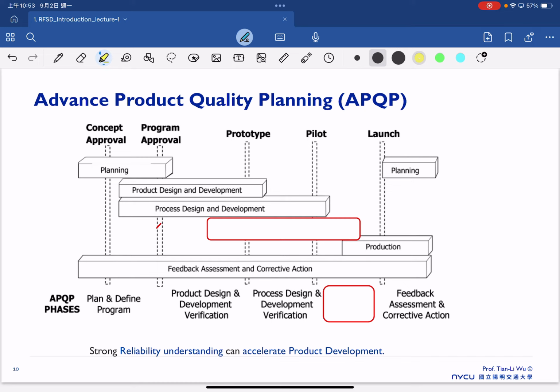Okay, so let's go back. This is another example of how industry people plan their quality or reliability testing. It's called Advanced Product Quality Planning. The idea is very similar to the previous things. First, we have the concept approval.